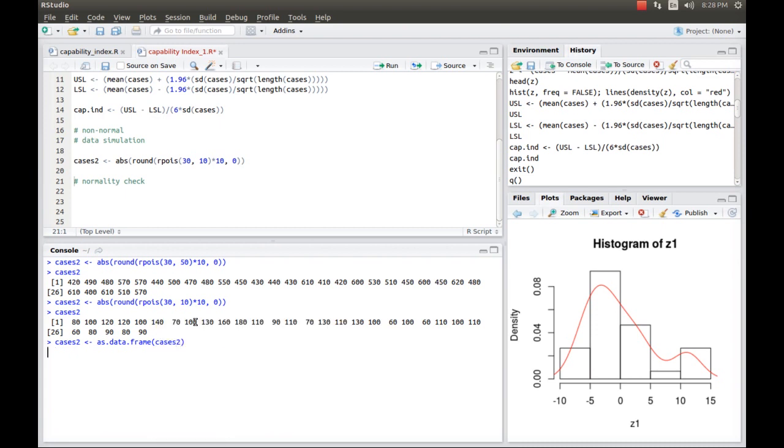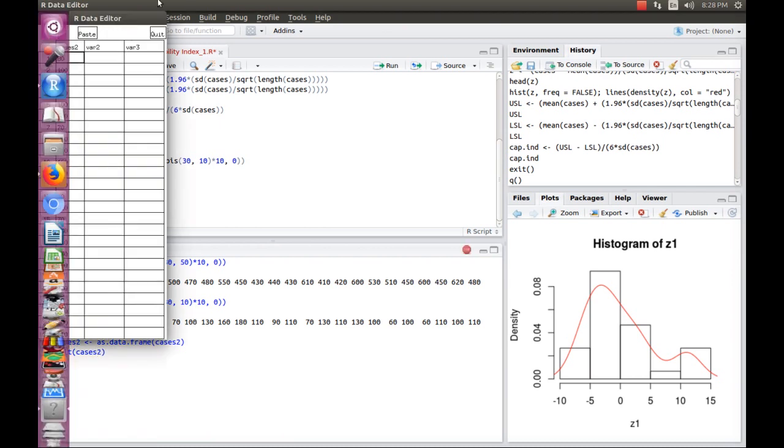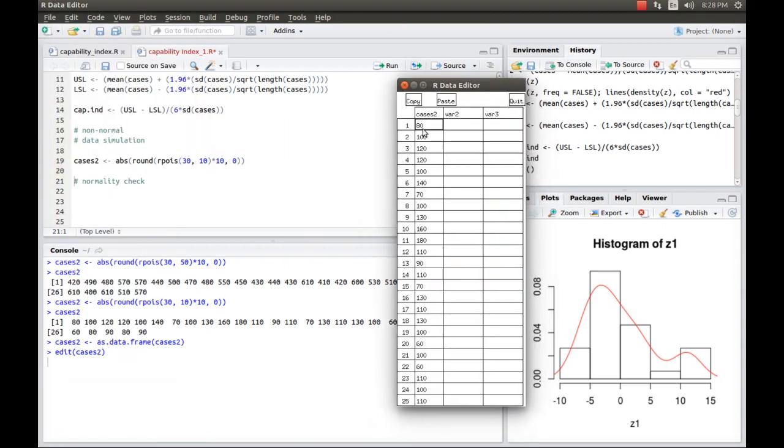Now edit cases 2. Yeah, so the hospital has treated 80 patients on day number 1, 100 patients on day number 2, 120 patients on day number 3, 120 patients on day number 4, something like that. And we also have the 13th day of the month, some month, January, February, March, let us not worry, 90, 70 and so on.